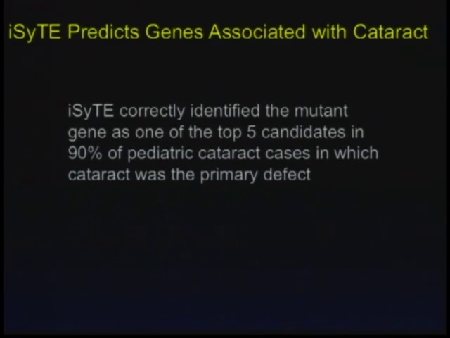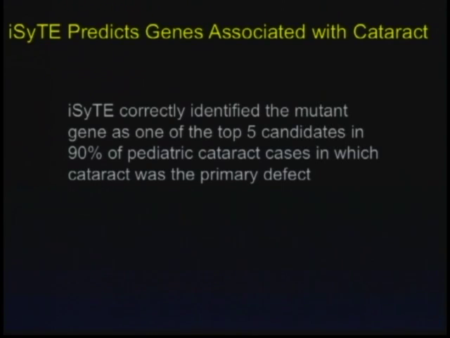One more way to ask the question is, could iSyTE enable us to find genes already associated with cataract? The quick answer is that we looked at the top 25 genes mutated in non-syndromic cataract cases, and asked, had we not known this gene before, and had we just looked at the original mapped interval where this unknown gene was, could iSyTE predict it?